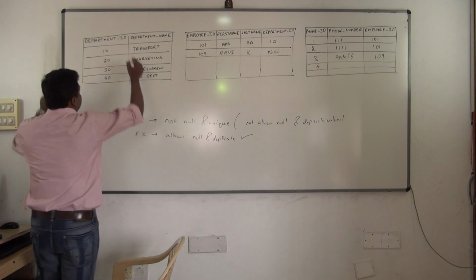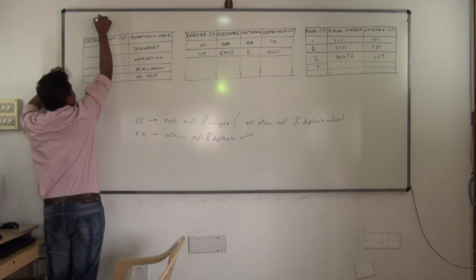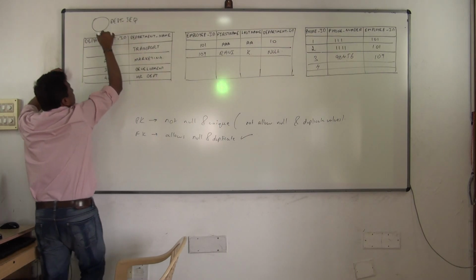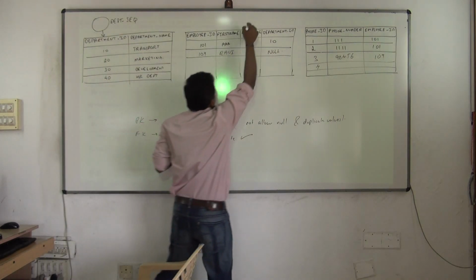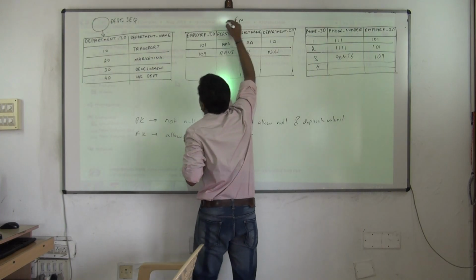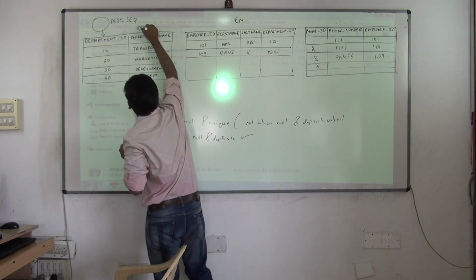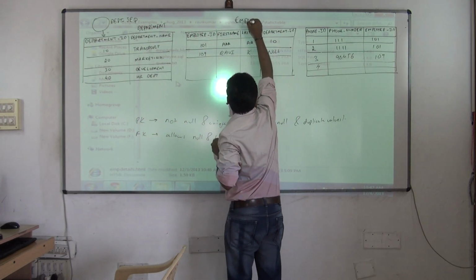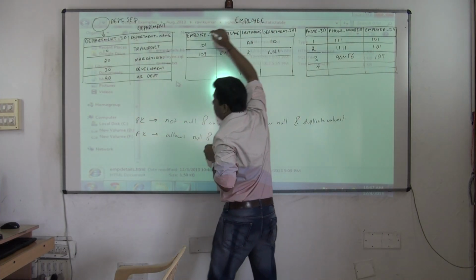Okay. See, apart from this, what all we had created? This sequence was there. This was the employee table. This is the department table. This is the employee table.